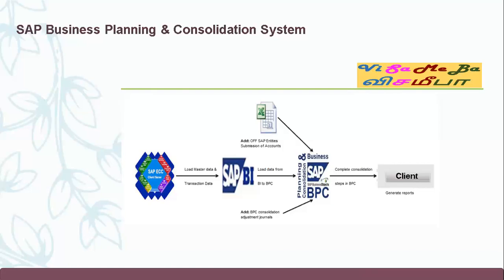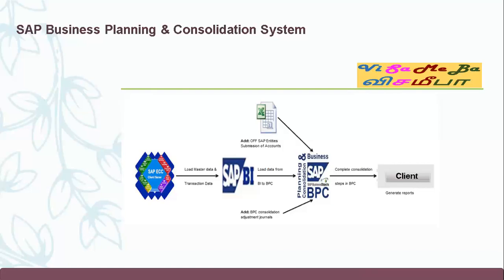And what happens is, once the raw data from ECC is loaded into SAP BI, it is pulled into SAP BPC, and additional data is pulled or inputted or uploaded via Excel sheets into the system, and adjustment entries are posted into the BPC system, and the planning and consolidation happens by way of executing many script logic programs or packages, data manager packages, and planning functions.